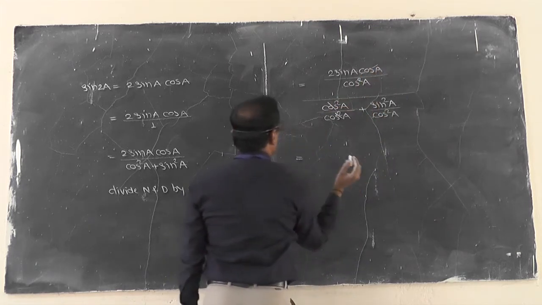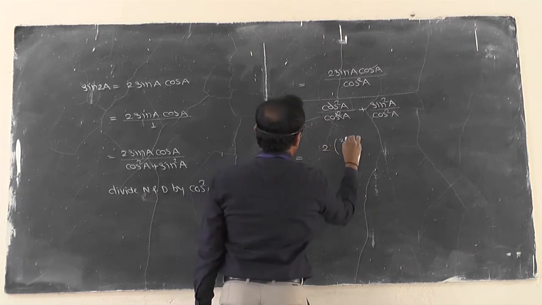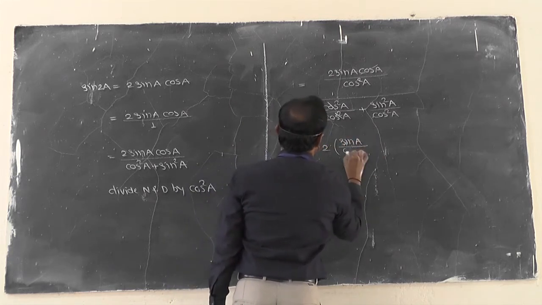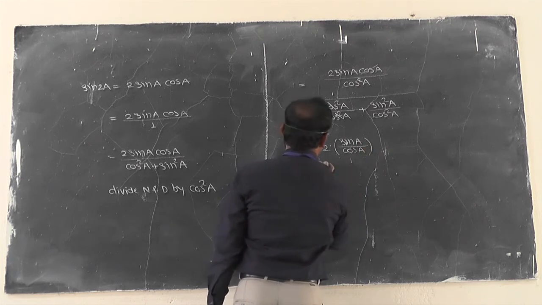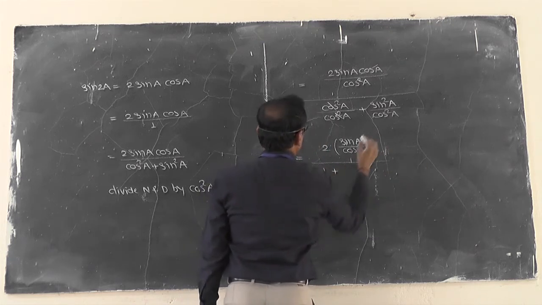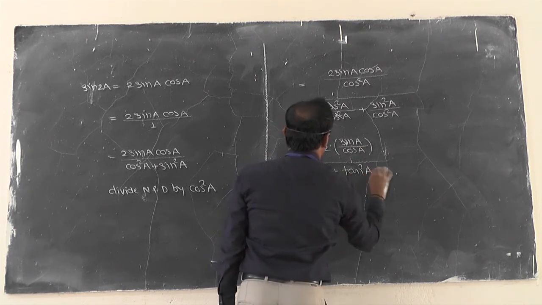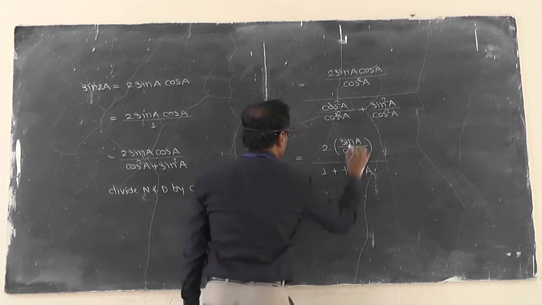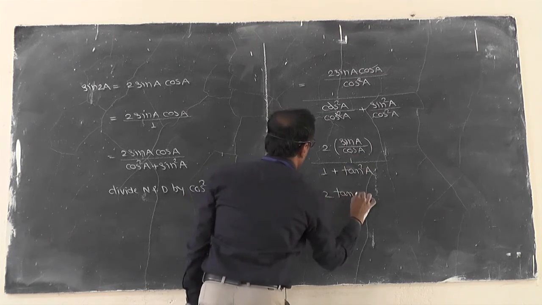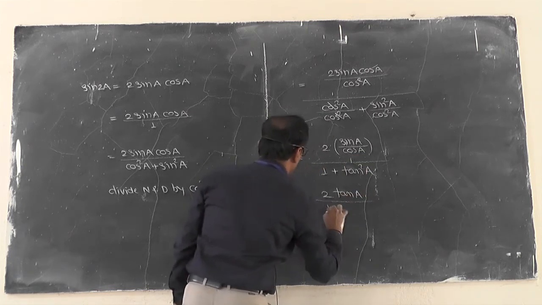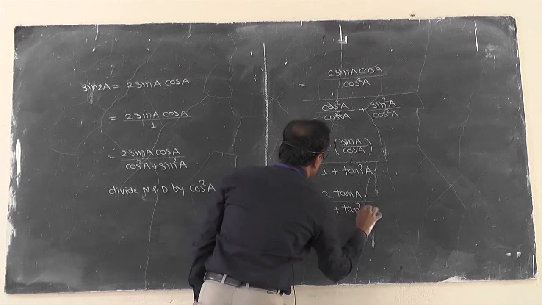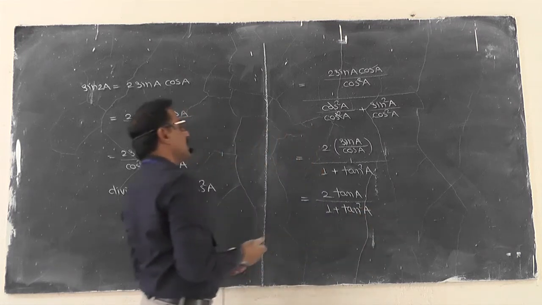This cos square a gets cancelled. So the numerator is 2 into sin a upon cos a, and the denominator is 1 plus sin square a upon cos square a, which is simply tan square a. So we can write sin by cos as tan: 2 tan a upon 1 plus tan square a. I think we are getting the result.